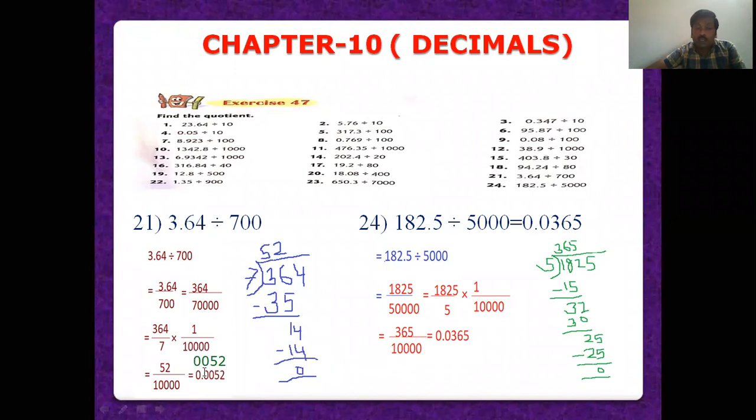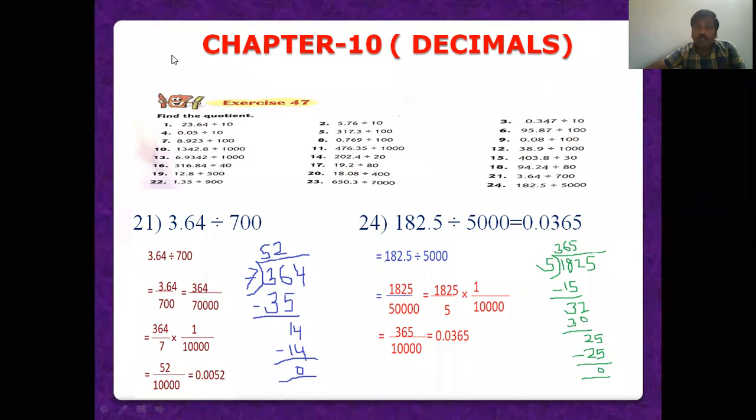We can also read it as 52, but it makes the 4 digits, 1, 2, 3 and the 4, and insert the point here in this way. You can write this 0, yes or no. Okay, you can write 0.0052.